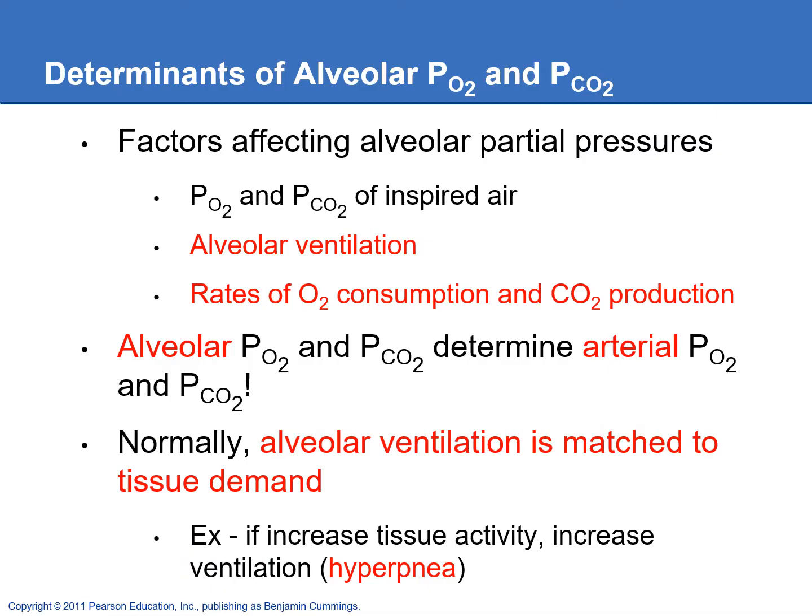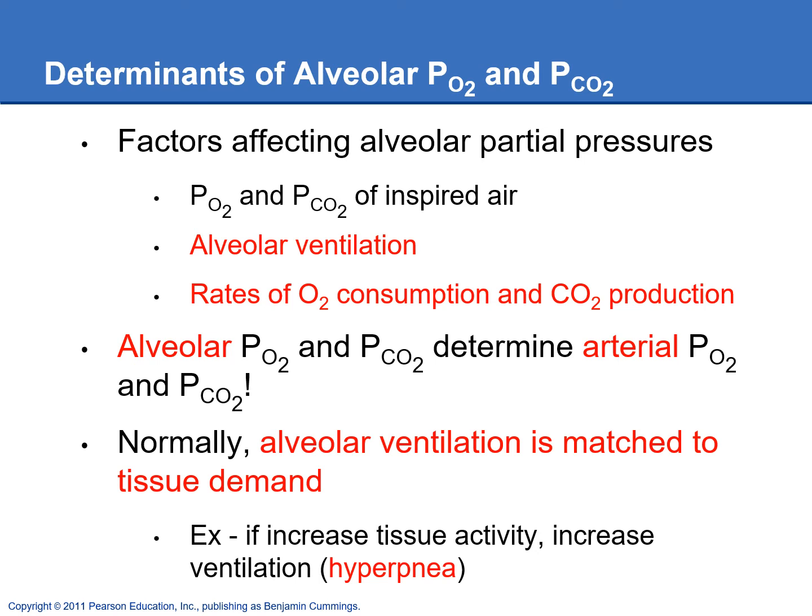There are several factors that affect the alveolar partial pressure of oxygen and carbon dioxide. The first one is the air that you're breathing in. It has a certain partial pressure of oxygen and carbon dioxide, and generally that does not change, that stays the same unless you're climbing a mountain and the elevation is really changing. So we're really not going to consider that one.